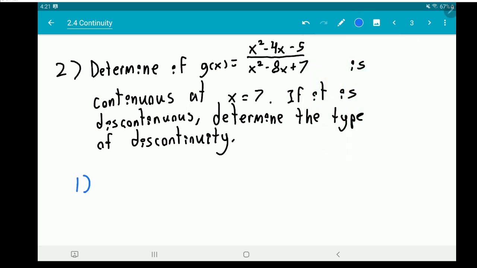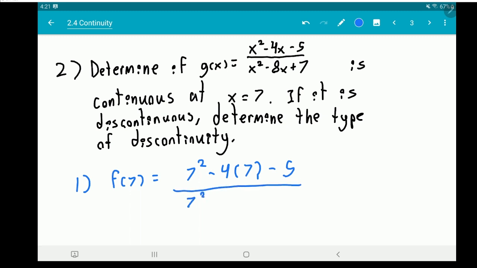First, we see if we can plug in this number, 7. So we try, we get f of 7. If I try to plug that in, I get 7 squared minus 4 times 7 minus 5 divided by 7 squared minus 8 times 7 plus 7.